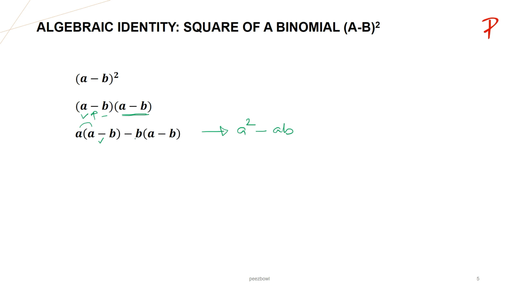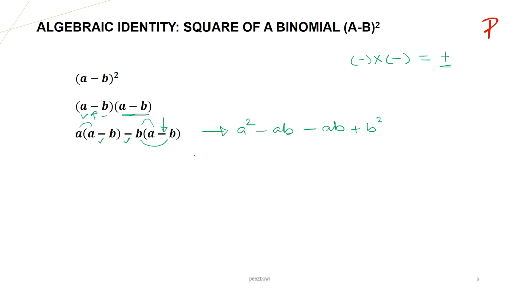B multiplied by a is ba or ab, both are same. Then b multiplied by b is b square, but here this minus sign, when multiplied by this minus sign, will become a plus sign, right? Minus multiplied by minus is equal to plus. This we have seen in my earlier videos.